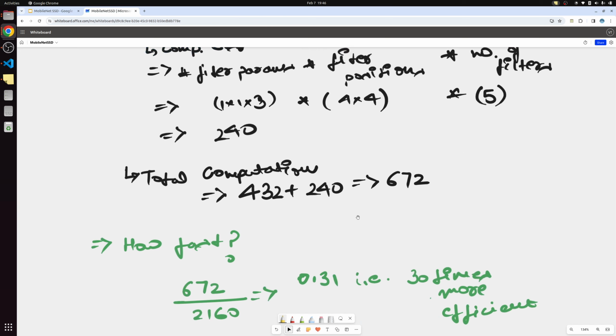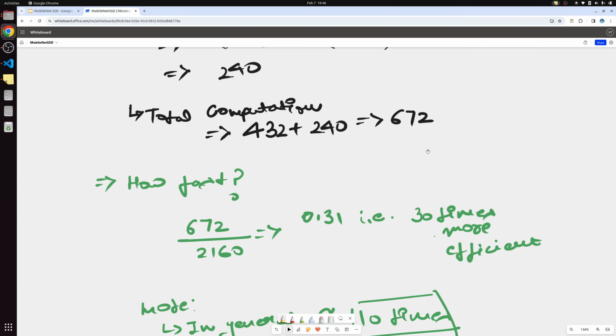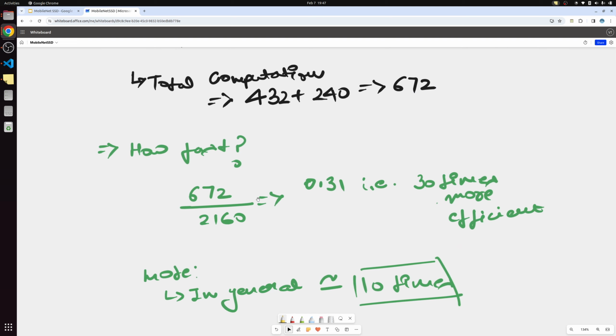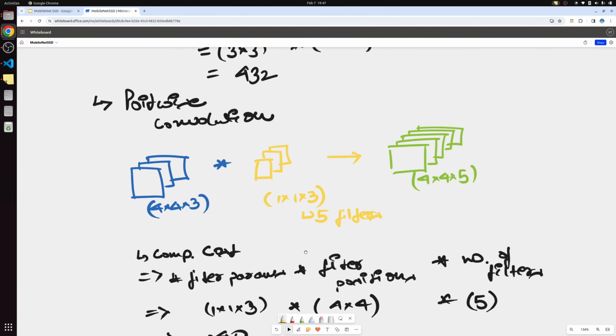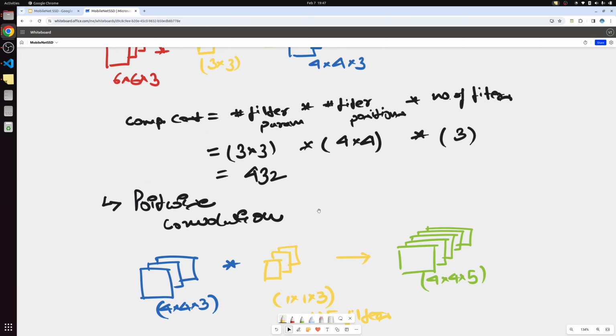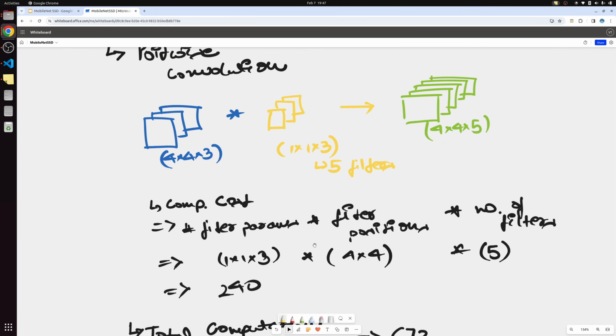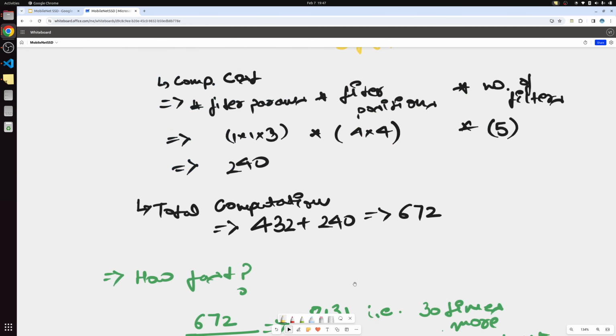output, right? So if we compare the computation cost that we get in MobileNet SSD as compared to a normal convolution, we can see that there is a 0.31 ratio, which is about 3 times more efficient than your normal convolution, right? Because we separate the complete normal convolution into two parts: the depthwise, and second, the pointwise, right?